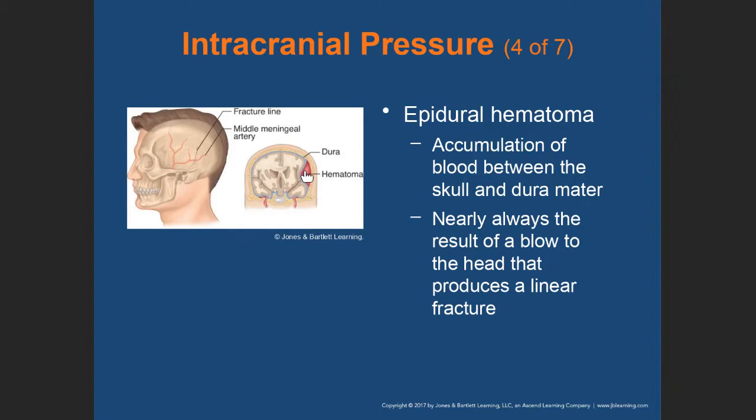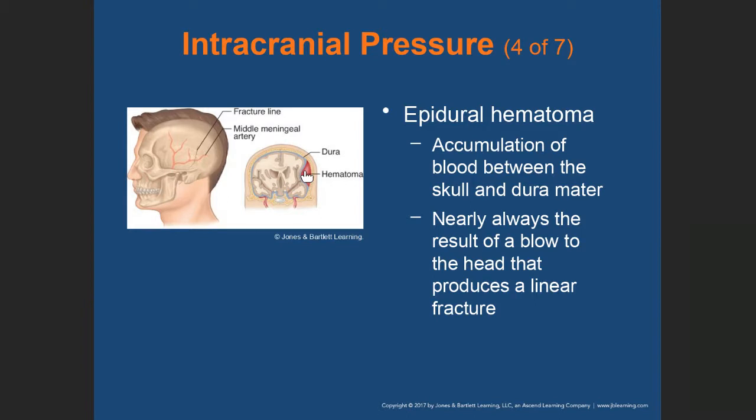Now with epidural hematoma, it's associated with blunt force trauma to the temple of the head. And it's going to be the middle meningeal artery that's damaged. What you find with this patient is the patient is going to receive blunt force trauma to the head and lose consciousness.